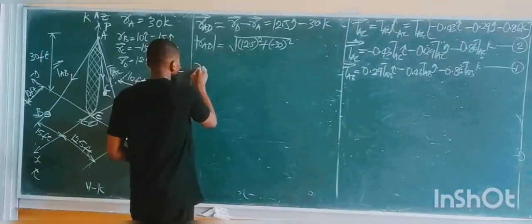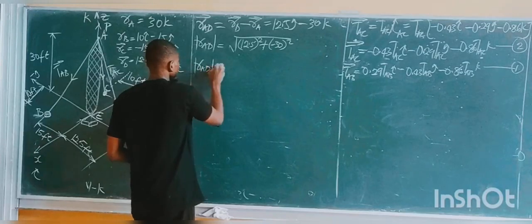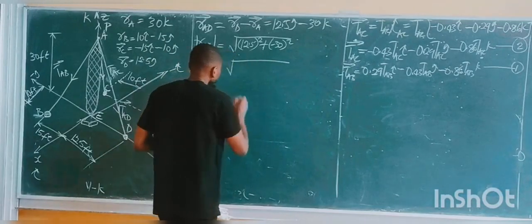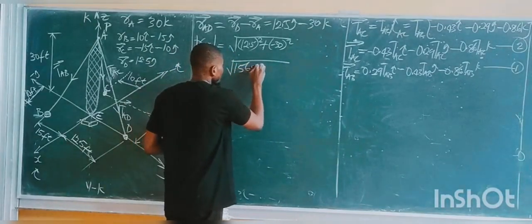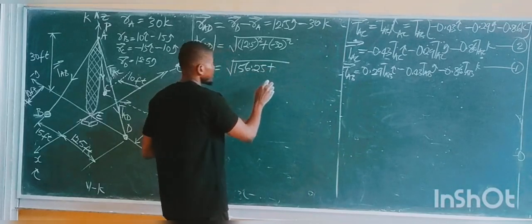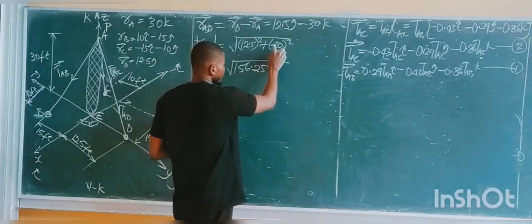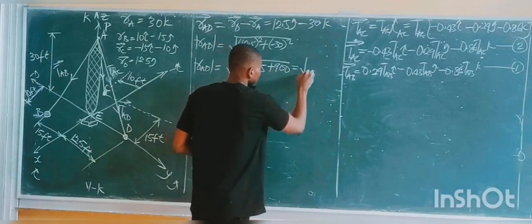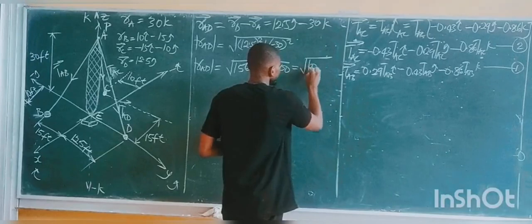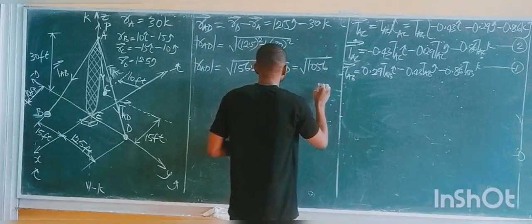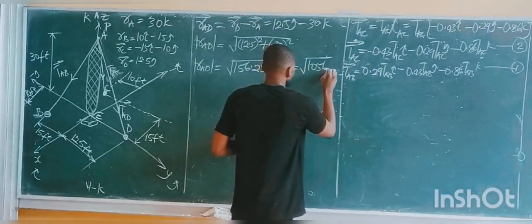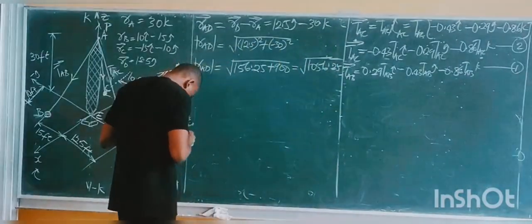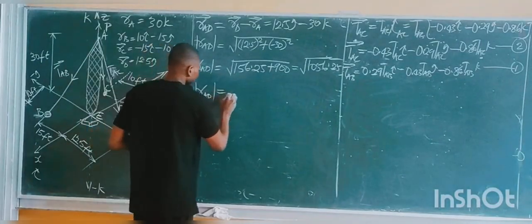This is the square root of 12.5 squared, that's 156.25, plus, again, minus 30 squared becomes positive, so 900. So this is equal to the square root of 1056.25.